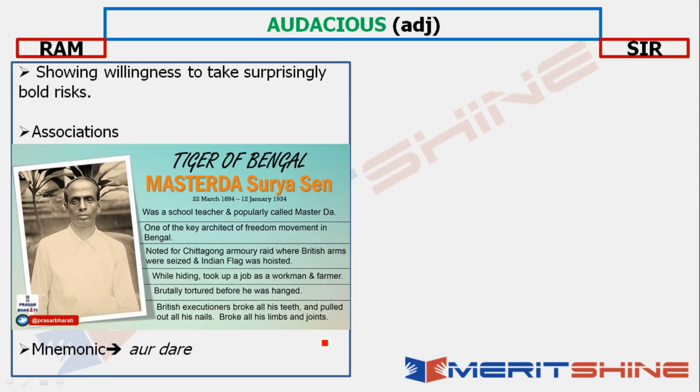And his most famous and last major revolution was the armed revolt in 1930 in the armory of Chittagong, where he raided the British arms and armory of Chittagong. Understood? The Indian flag was hoisted there.